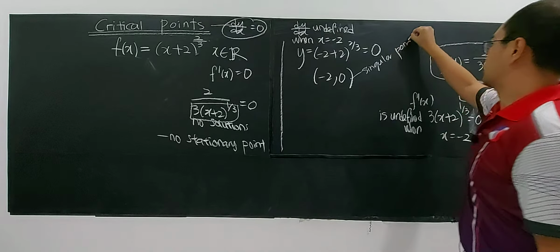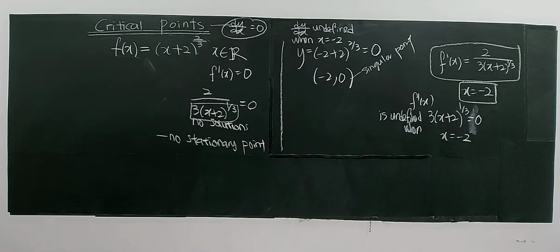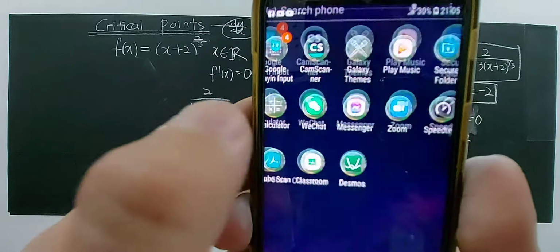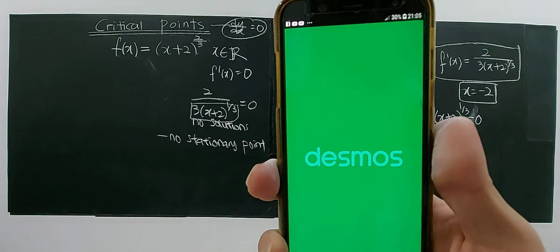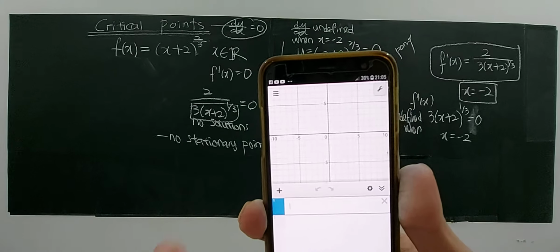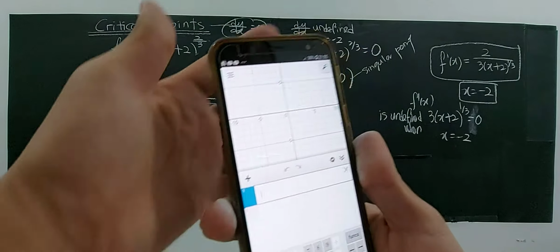Alright, I'm going to use the calculator and show you, using the app Desmos, how to research the graph and see what happened to it. You just key in exactly this function here, (x plus 2) to the power of 2 over 3.